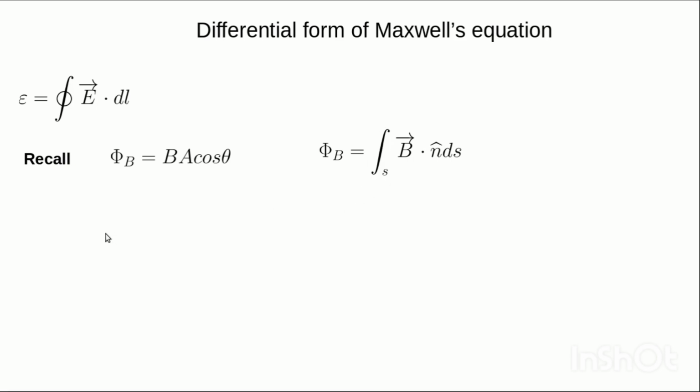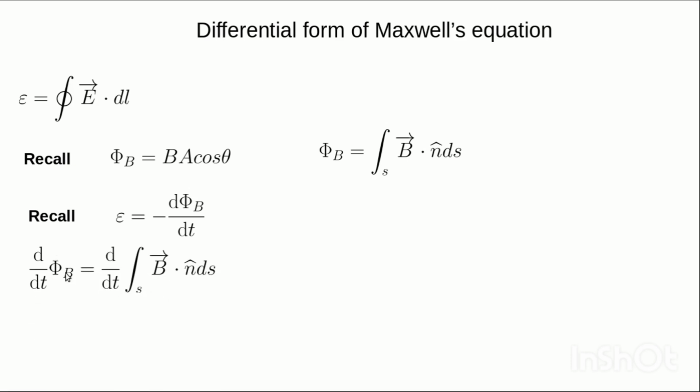Okay, we also recall that induced EMF is equal to minus d phi dt. So if we differentiate this with respect to time, we also need to differentiate the other with respect to time. Let's see what comes out of it. We have d phi B dt equal to d dt of this one. Now, if you notice, this expression here is exactly this expression.